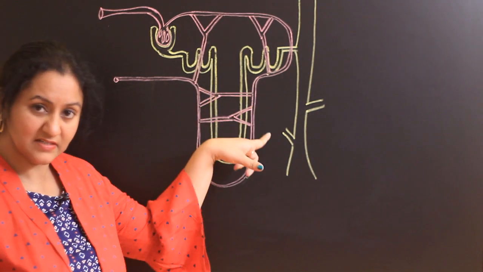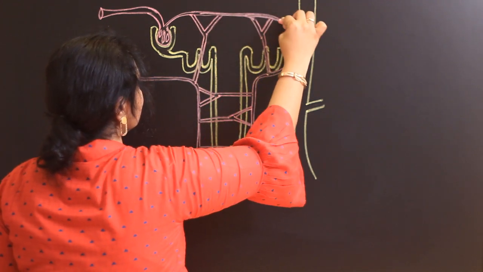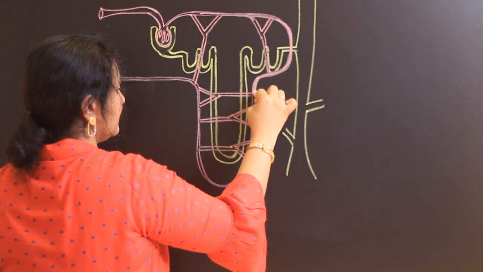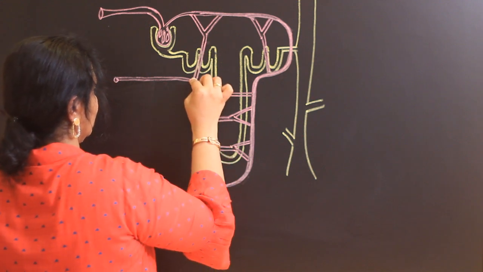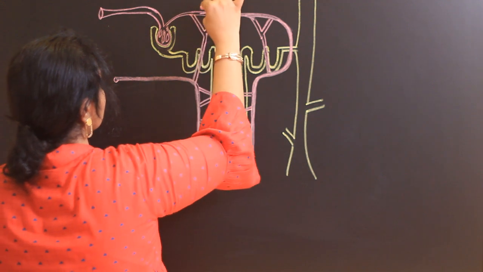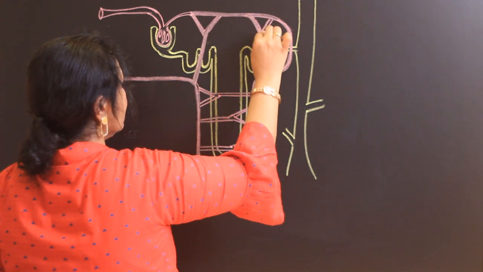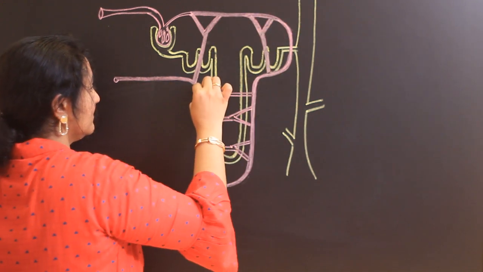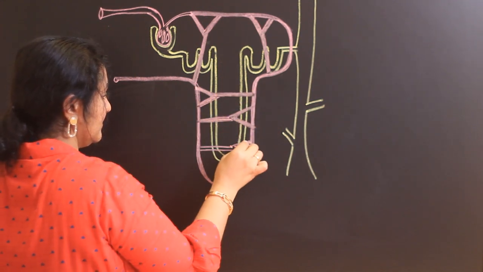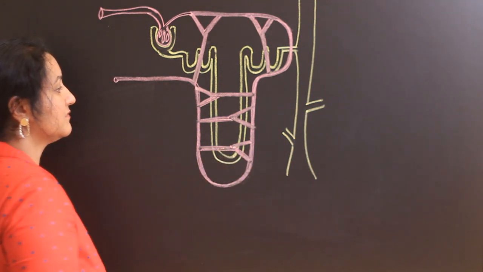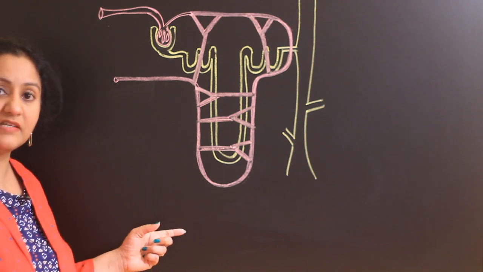We can shade these blood vessels by using a pencil. Clear? Now labeling and also writing the title below the diagram.